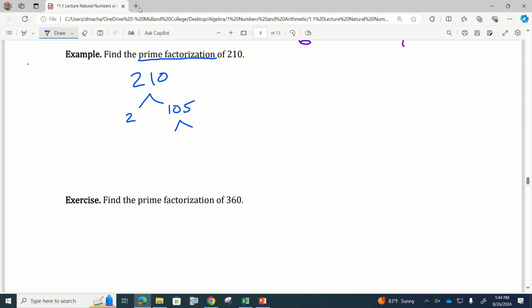Is 105 divisible by 2? Nope. Is it divisible by 3? Yes. 1 plus 5, 6? Yes. 3 times what gives me 105? 15.